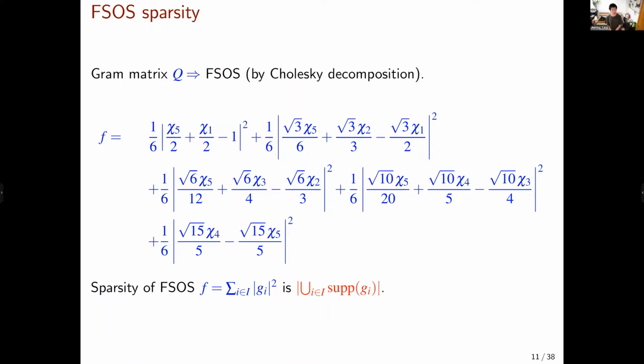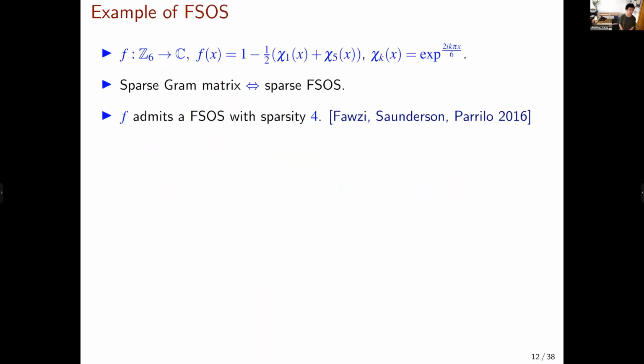Here we can see that this Fourier sum of squares is very dense and involves all of the characters of G hat of the group G. We define the sparsity of a Fourier sum of squares as the number of characters involved in it. For example, the sparsity of this SOS is 6. We know that a sparse Gram matrix corresponds to a sparse Fourier sum of squares.